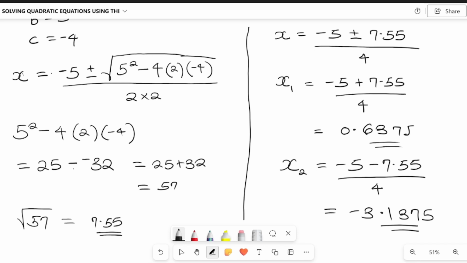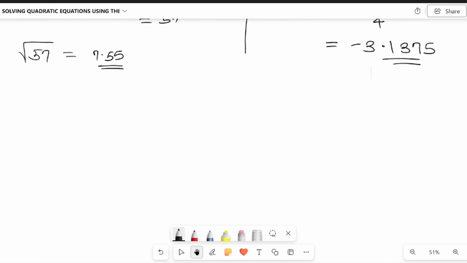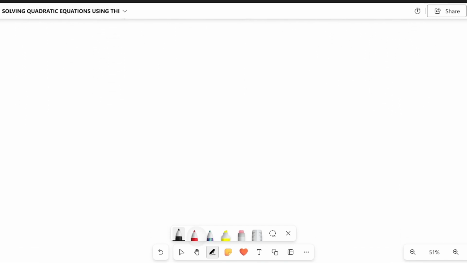Now let's work out our final problem. The final example is 2x plus 1, in brackets, is equal to 5 all over x minus 3.